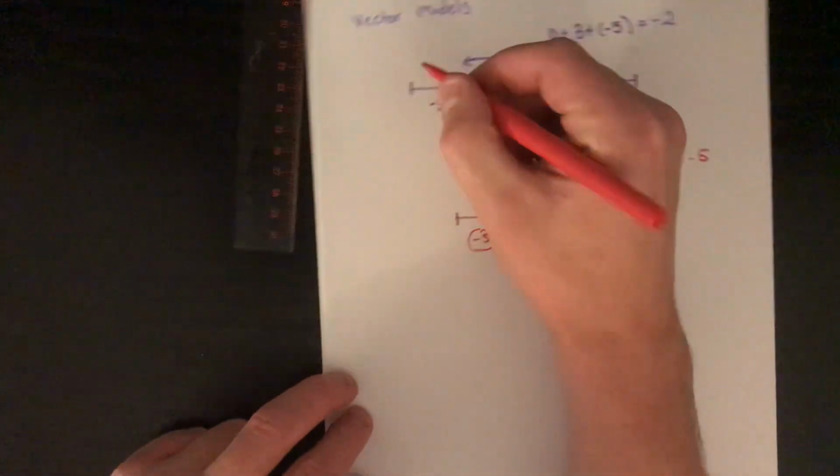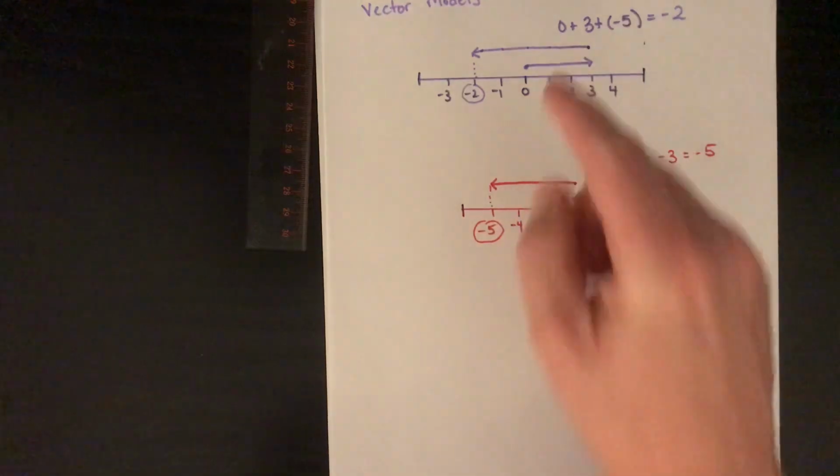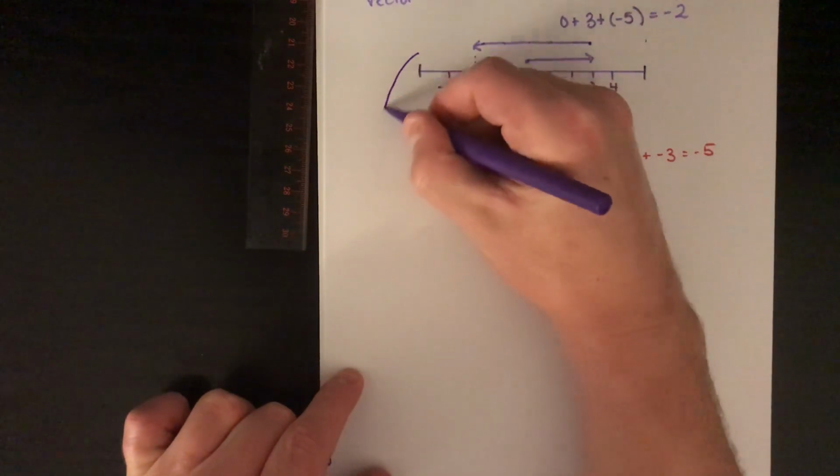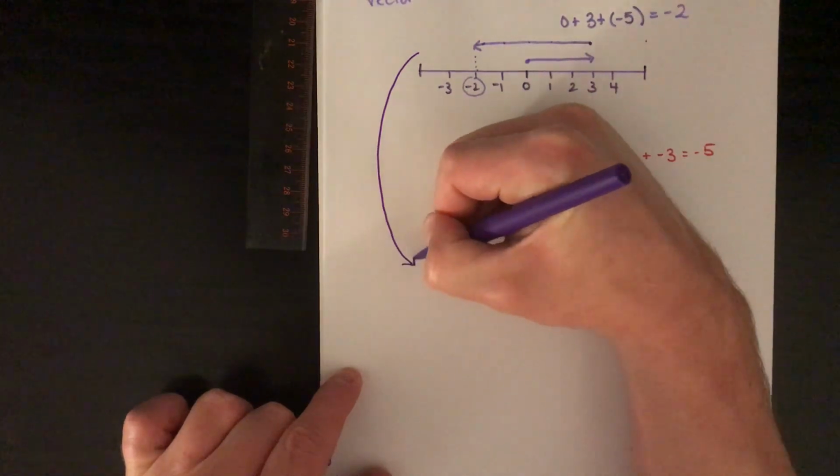There was a trick that came out of this purple model up here. I'm going to use a different purple because that light purple is starting to run a little low on ink.